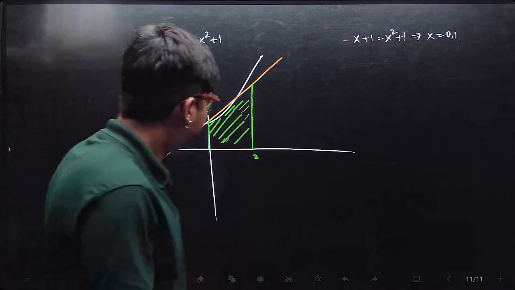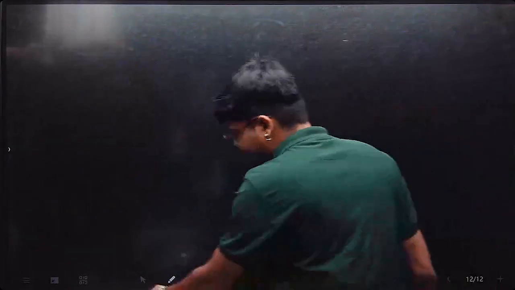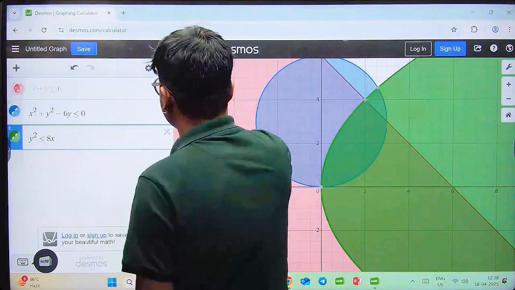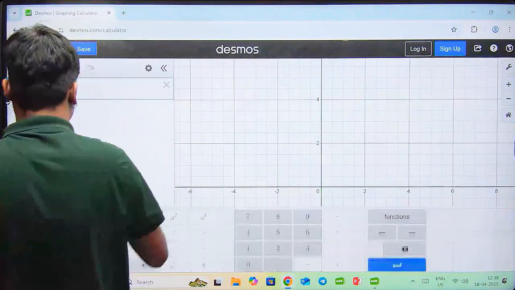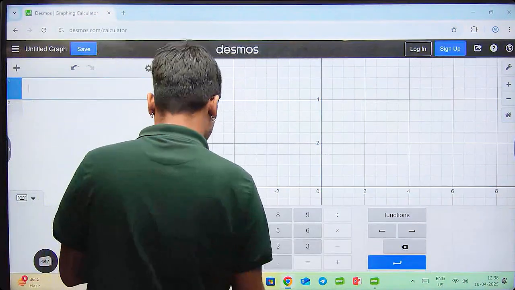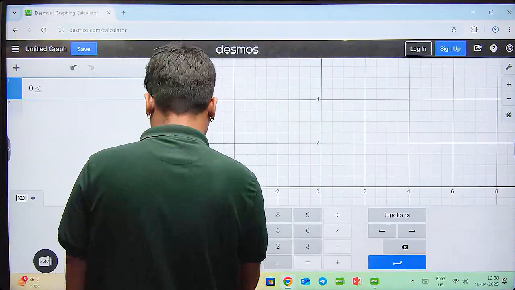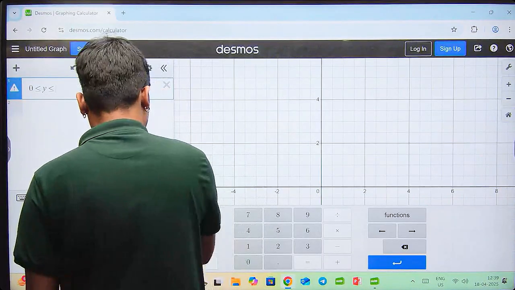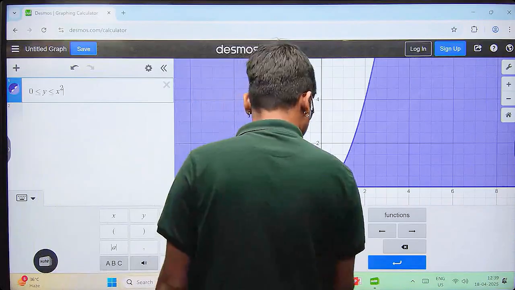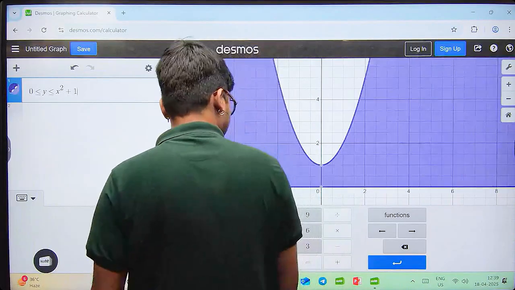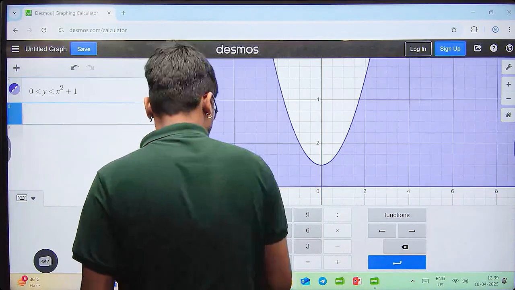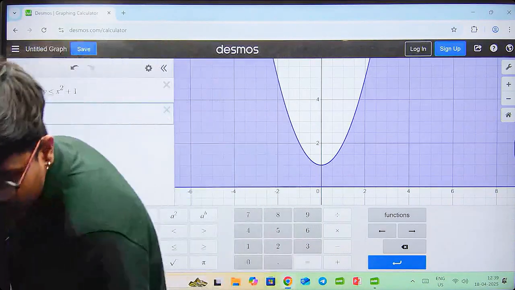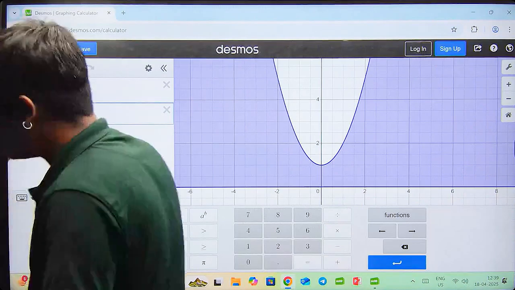Fine? So if I draw this on Desmos, what will I get? What was it? X squared plus 1, right? That's the first one. Second one was, what was it? Y greater than or equal to 0 again.